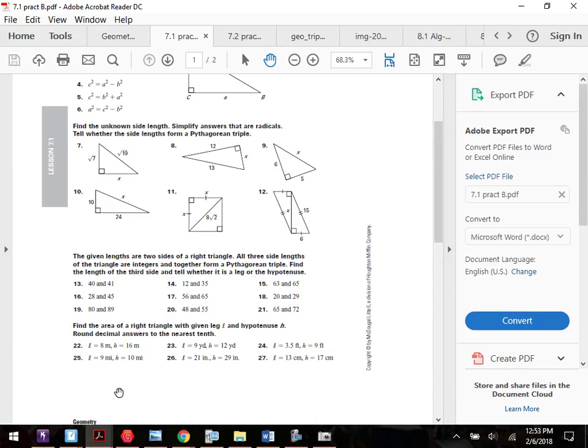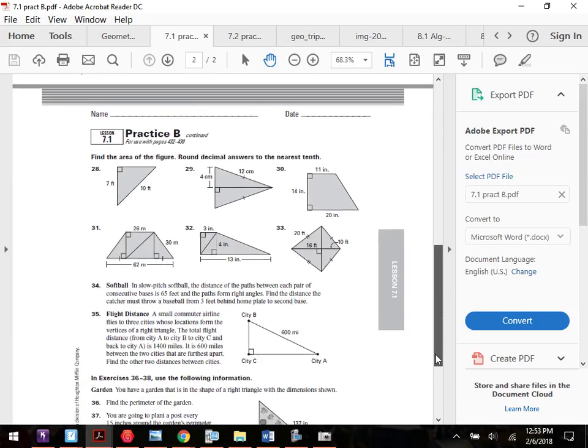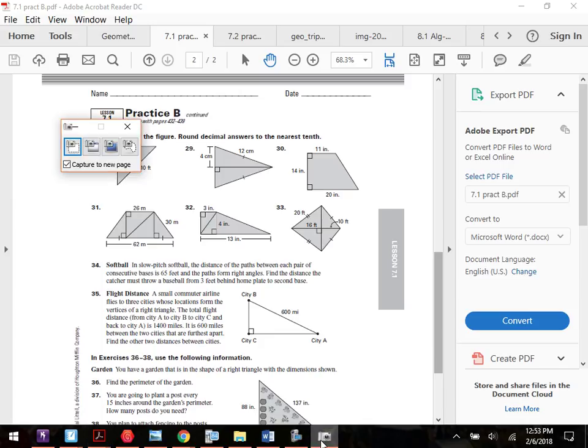Anybody else need one? You said 30, Miss Jackson, 31? That's close.